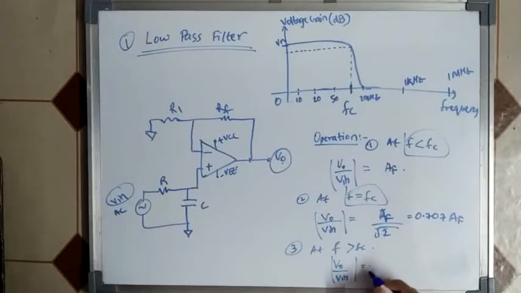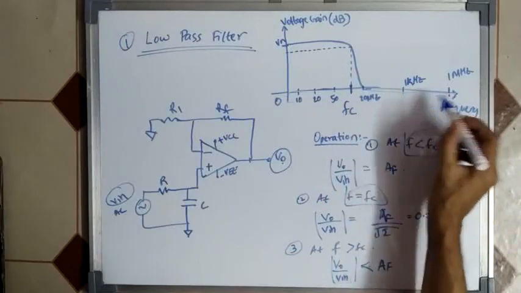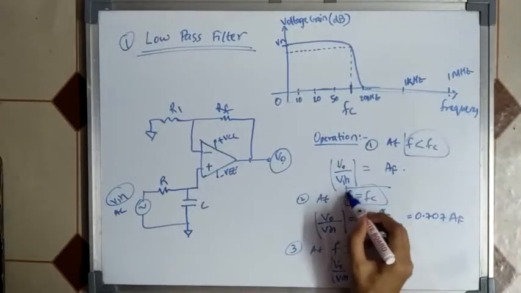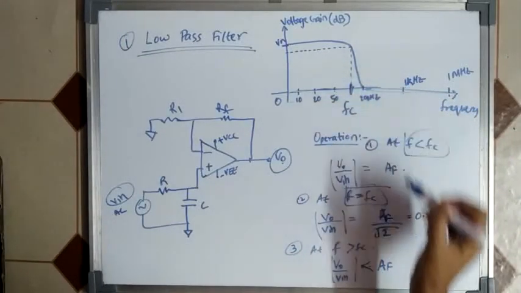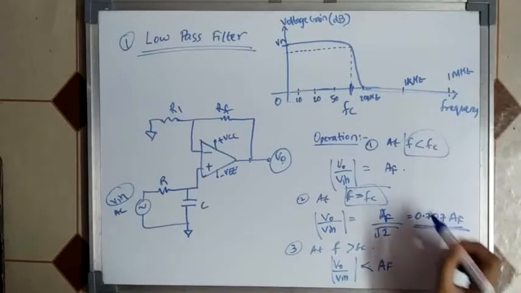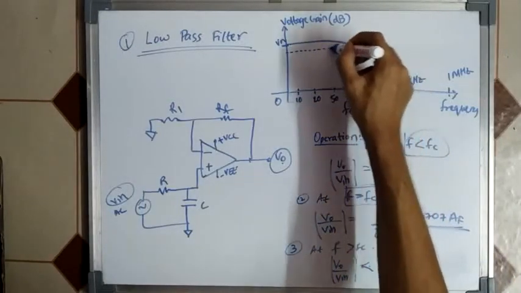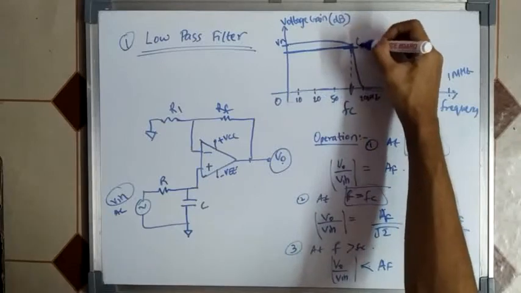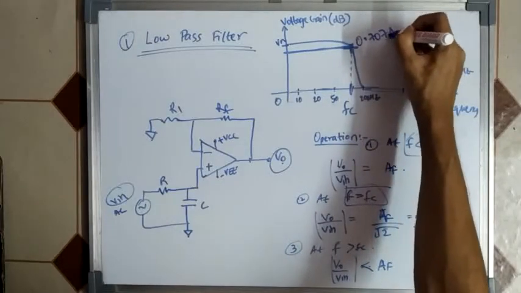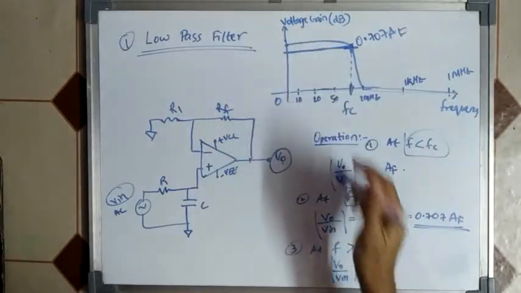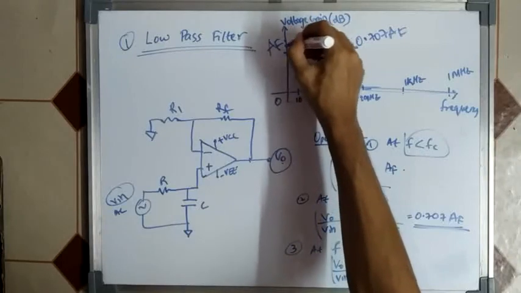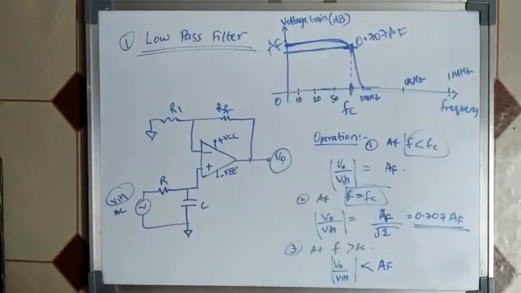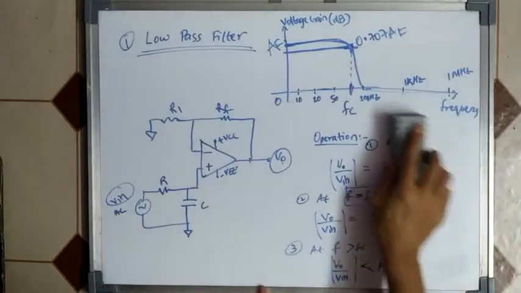That will be less than AF, so we don't get the output. When F equals FC, at this particular point we get 0.707 into AF, which is this value, if AF is the maximum gain.